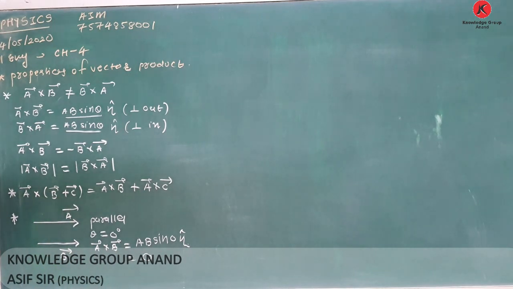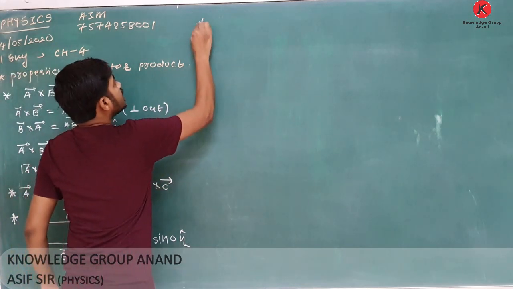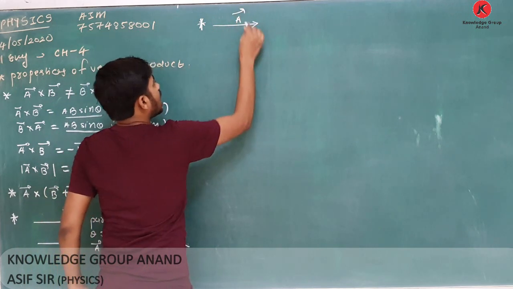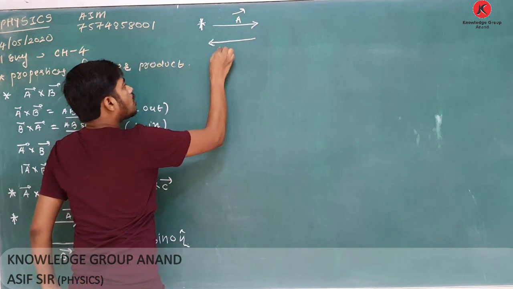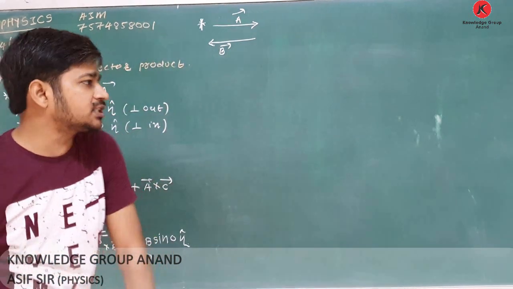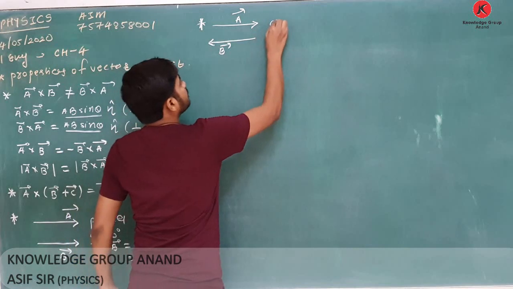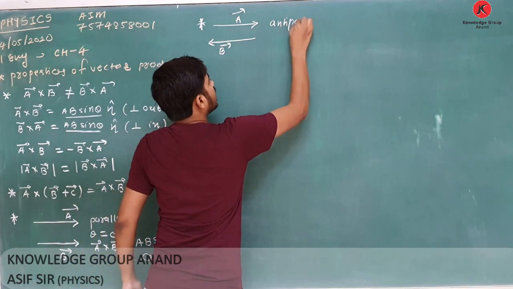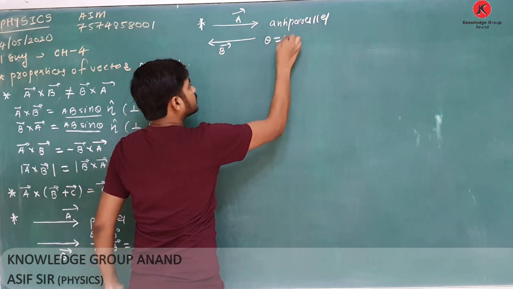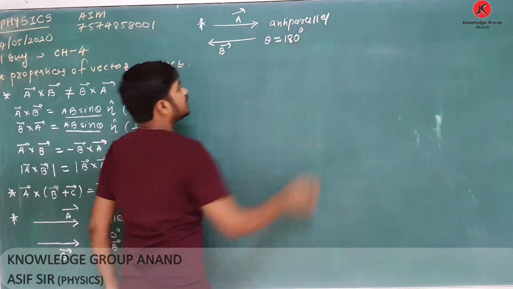Clear about this? Another situation. If I have two vectors like this, vector A and vector B in opposite directions, it means they are anti-parallel. The angle between them, theta, is equal to 180 degrees.